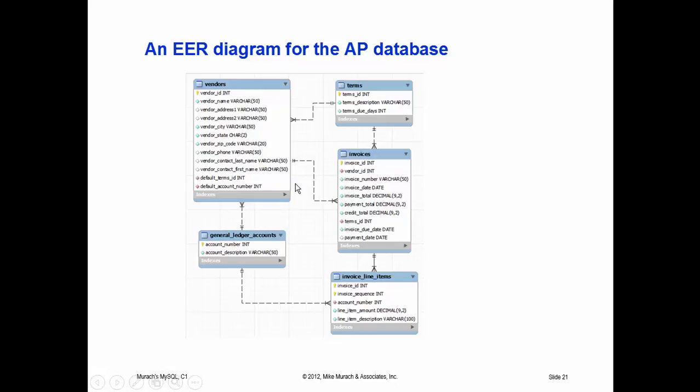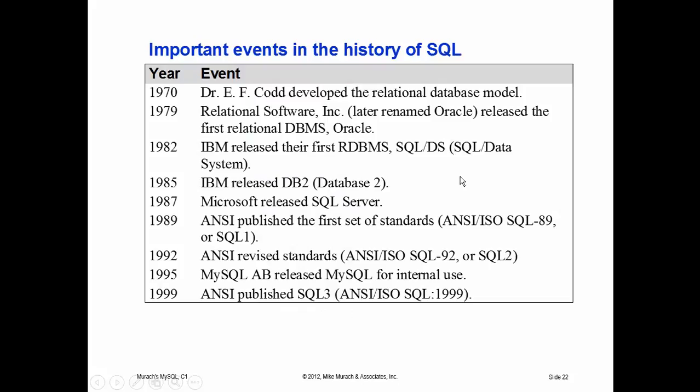Where you see the non-crow's feet, where it kind of looks like a railroad track, that's the one side. So for example, one vendor may have 0, 1 or more invoices. One invoice may have 0, 1 or more line items. We'll go over some of this stuff again as we go on in the class.